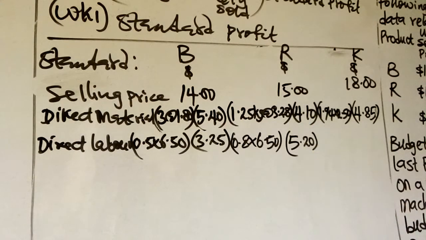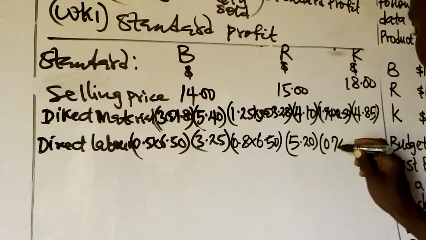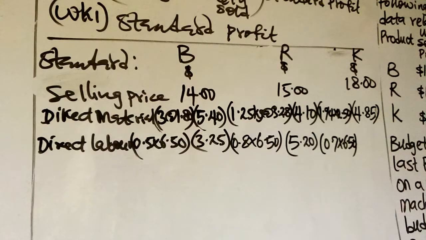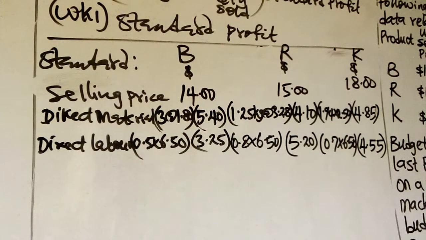Then for K, we have 0.7 times 6.5, and that will give us 4.55. So that is for the purpose of calculating our standard profit.